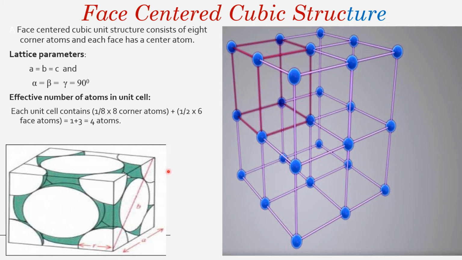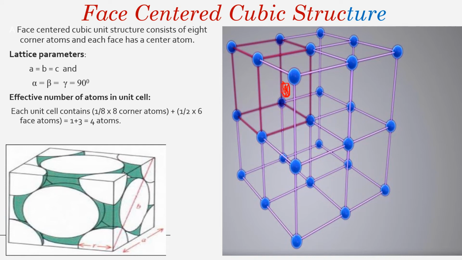Also, we have a face-centered atom. Suppose we consider an atom at the center of this face of this red unit cell. This atom is being shared by this red unit cell as well as by this unit cell.